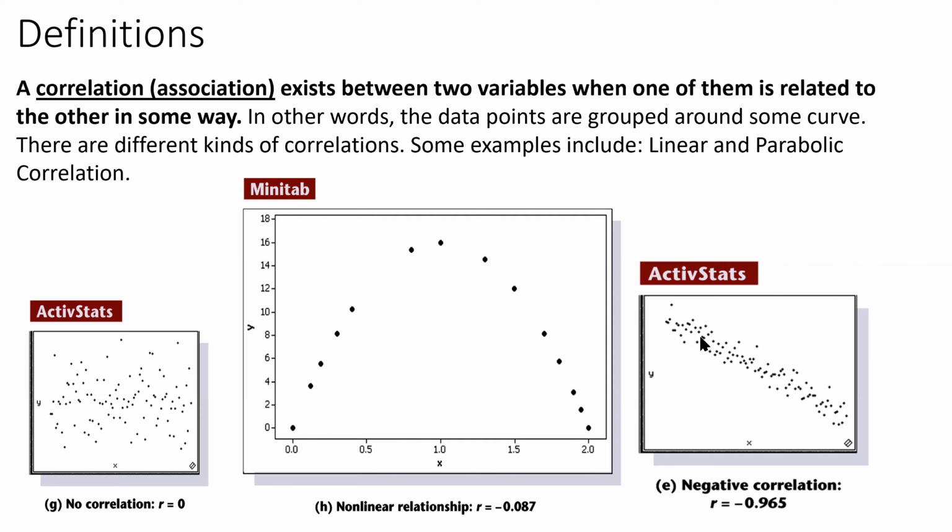As a contrast, right here, if we find the line that represents this set of points, then we could use that line to predict where our next data value will end up. It's gonna end up somewhere around that line. So that is where the analysis of the correlation coefficient will come in.